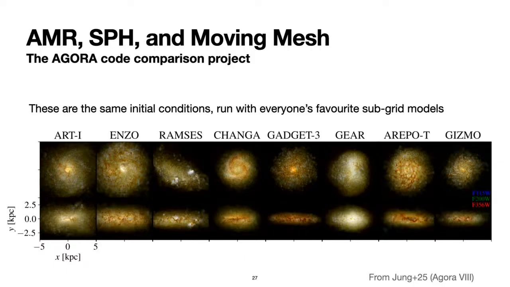In some cases, you even get elliptical diffuse galaxies. In some cases, you get quite disky galaxies. And this is not due to SPH versus AMR or something like that. This is just due to the different approaches that these groups take to using their subgrid physics.